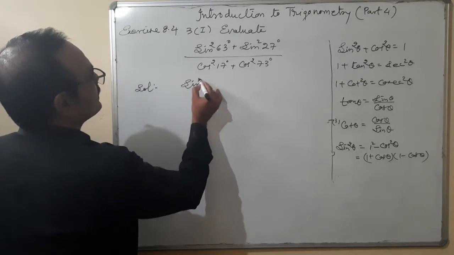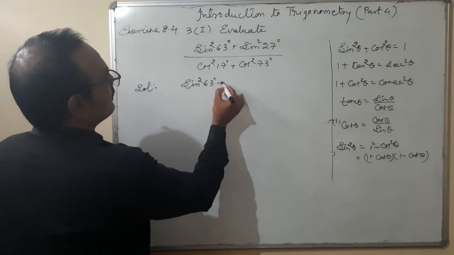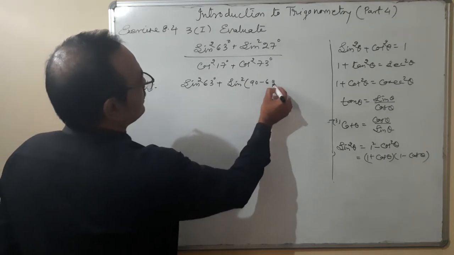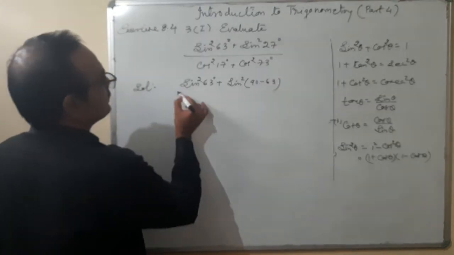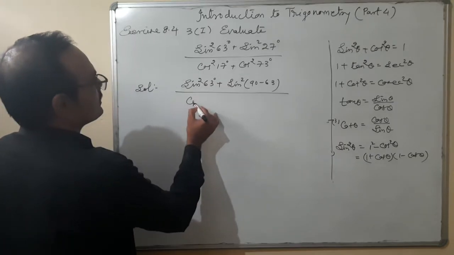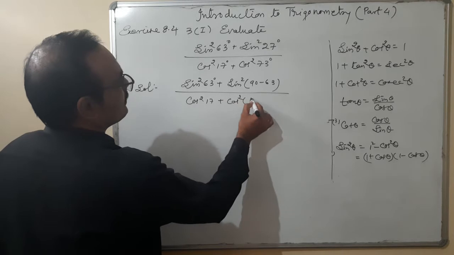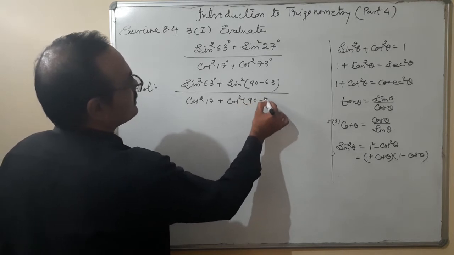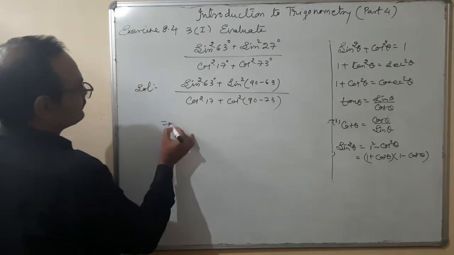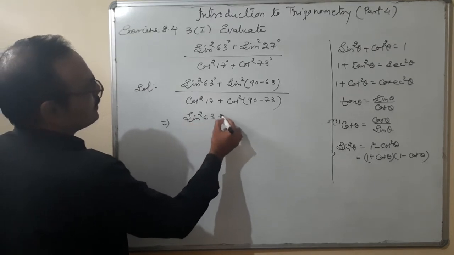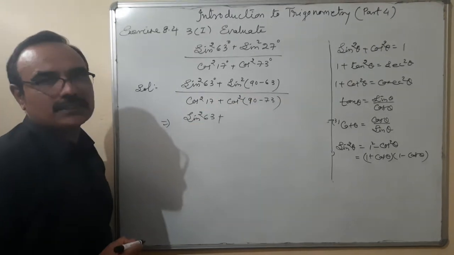Sin square 63 plus sin square 90 minus 63. Okay, 90 minus 63 is 27. Cos square 17 plus cos square 90 minus 73. Okay. Sin square 63 plus cos 90 minus theta.